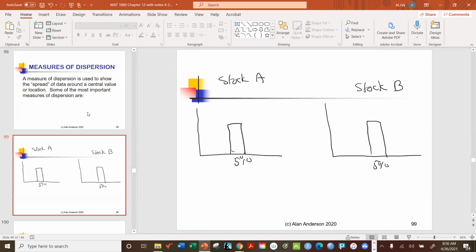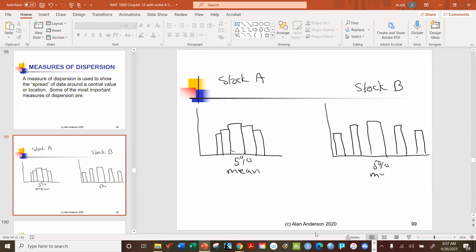But for this stock, this is what our returns look like. And for this stock, they look like that. Now, let's say they both have the same mean. Now, again, these are pretty crude drawings, but I think you get the point.